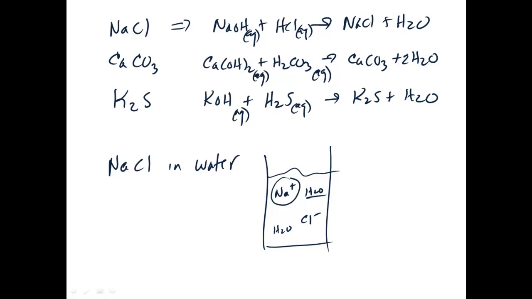That's what dissolving is. It keeps those two ions from coming back together and forming the solid. Now eventually you can add enough sodium chloride that it precipitates out, and you'll see that pile up at the bottom down here.